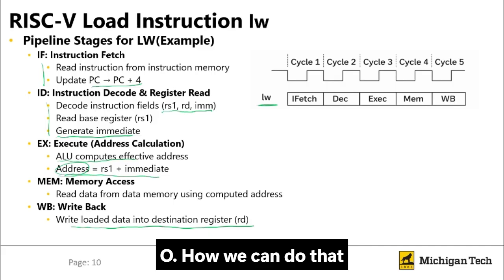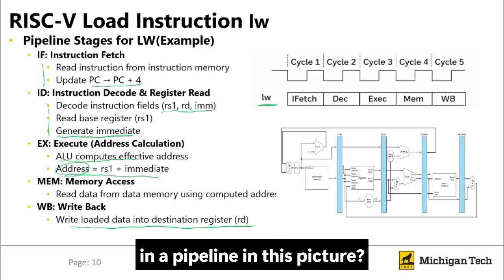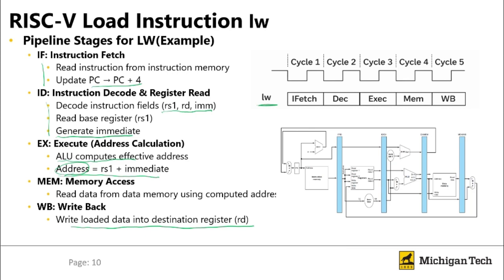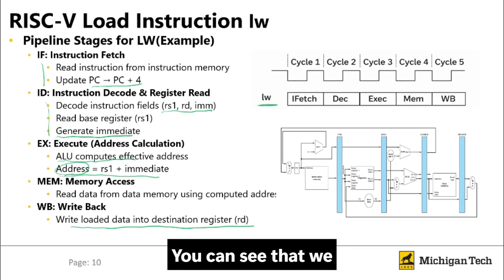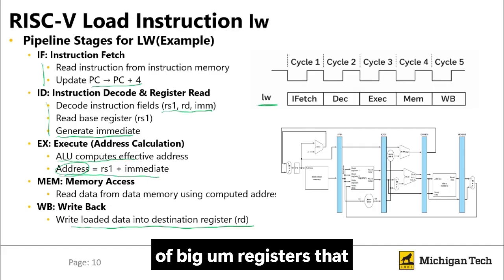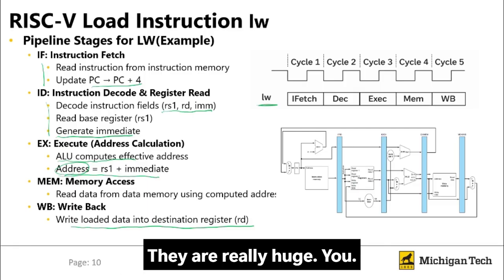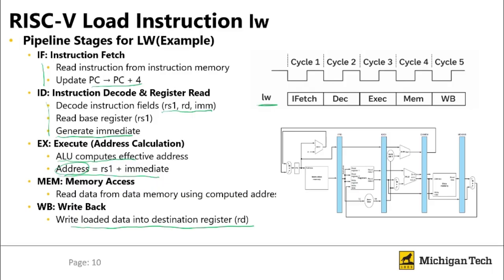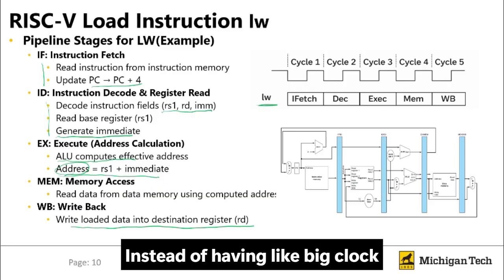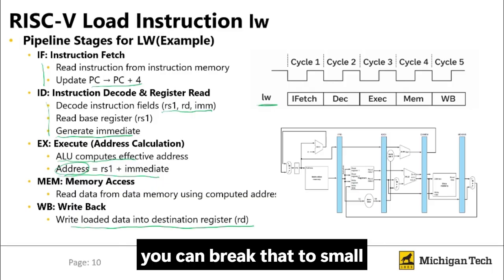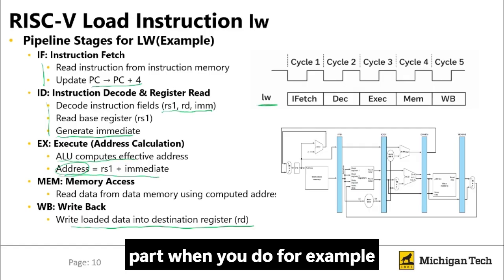So how can we do that in a pipeline? In this picture, you can see that we just need to use a couple of big registers that we call pipeline registers. They are very huge. Instead of having one big clock, you can break that into small parts.